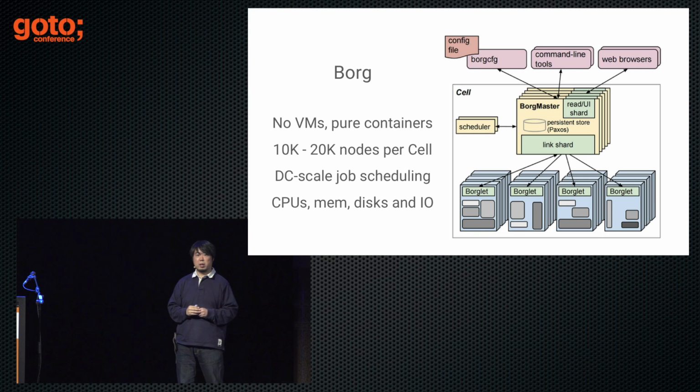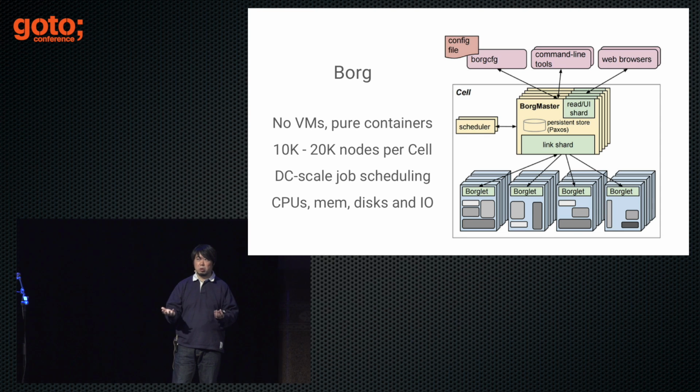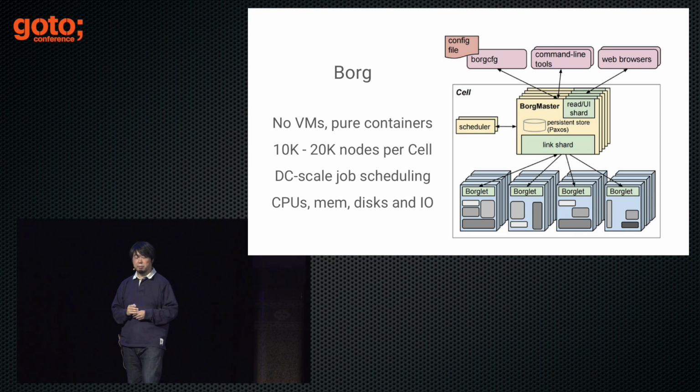So you can deploy your single application, like neural network training or big data processing, onto maybe hundreds or thousands of machines with a single line of the Borg command.